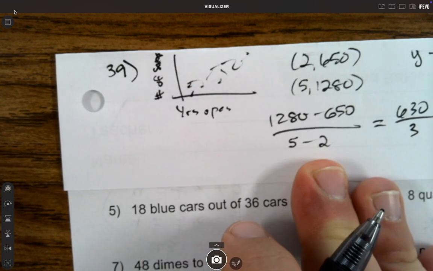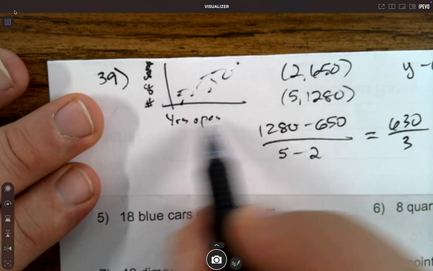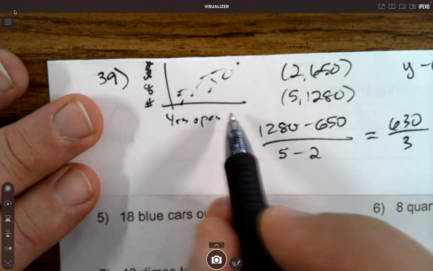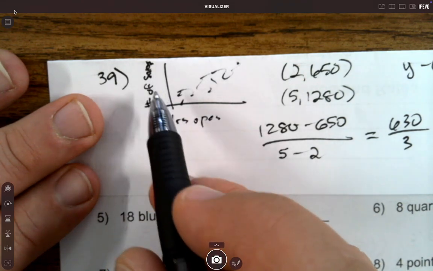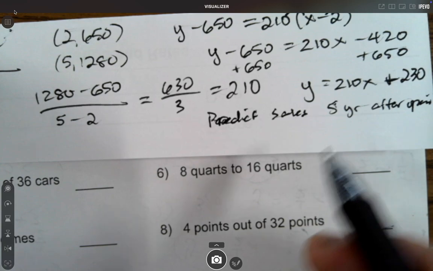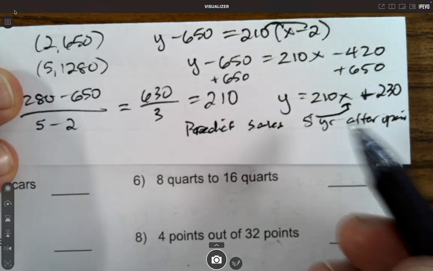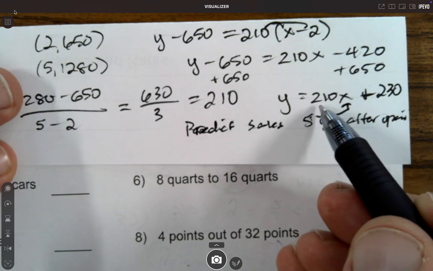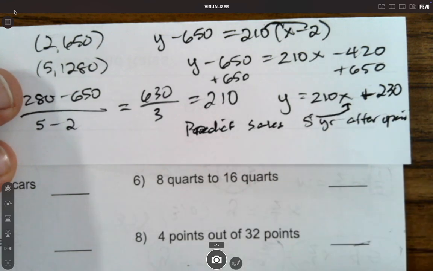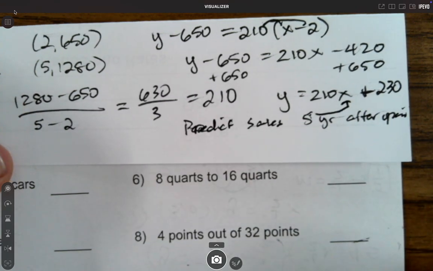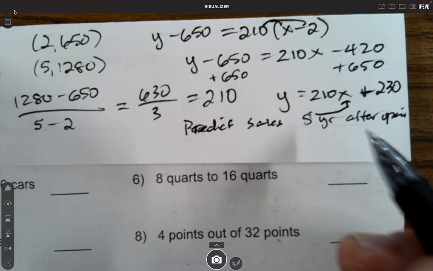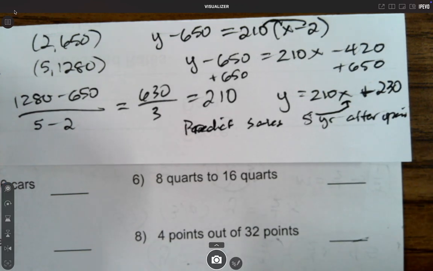So if they do that, you think, okay, years since they've opened, that's my X value. Their number of sales is my Y value. So if they tell me the number of years they've been open, I would plug that in for X, and I just plug that in the calculator, 210 times 5 plus 230, and that answer would give me the number of sales expected after 5 years of being open.